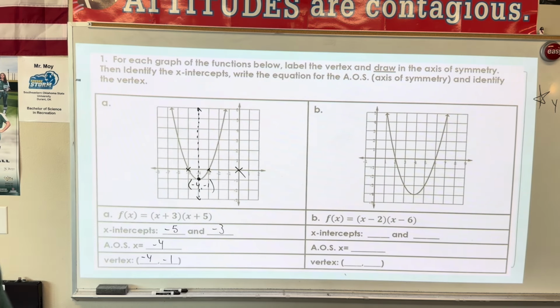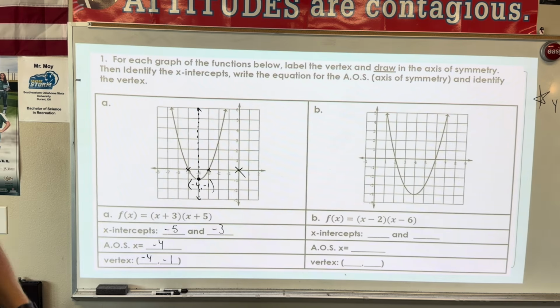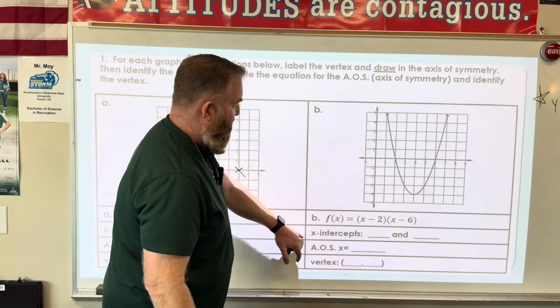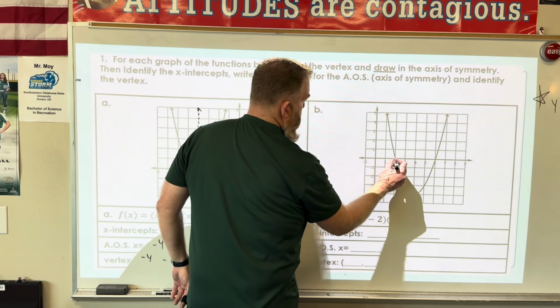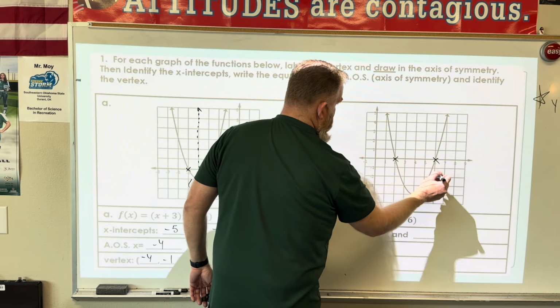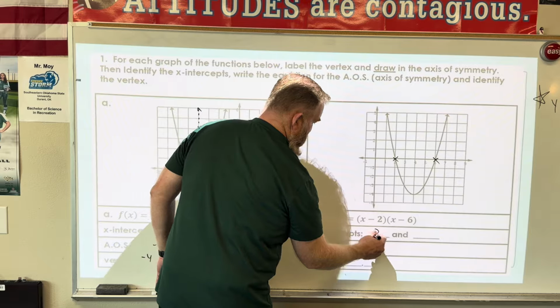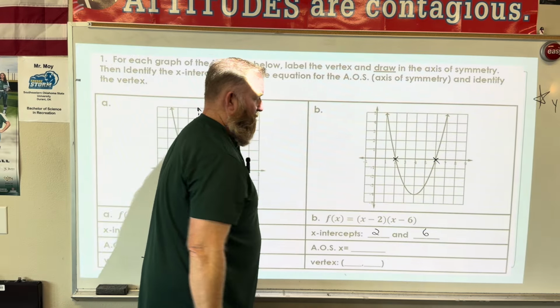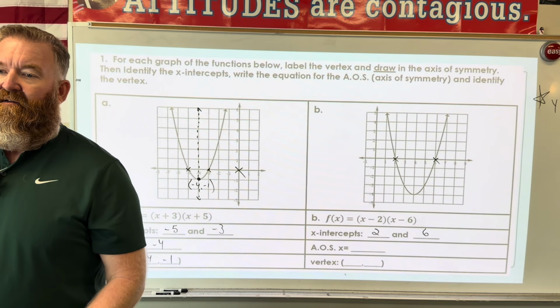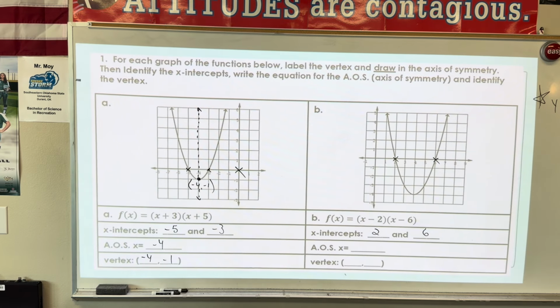All right, here we go. Let's do the second one. x minus 2, x minus 6. Let's just go straight down. What are my x-intercepts? Positive 2 and positive what? So we have positive 2 and positive 6. If you look at them, you might be able to see a pattern here.